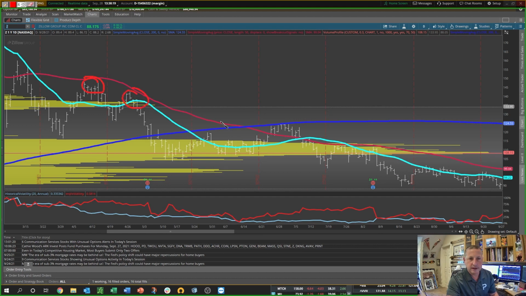So if we go back in time here and look at this resistance, these areas that I'm looking at right here, okay, you can see, what is this? 1, 2, 3, 4, 5, 6, 7 times over basically a 6-month period where Zillow hit either the 50-day moving average or this lighter green line, the 20-day moving average, and it acted as a ceiling.